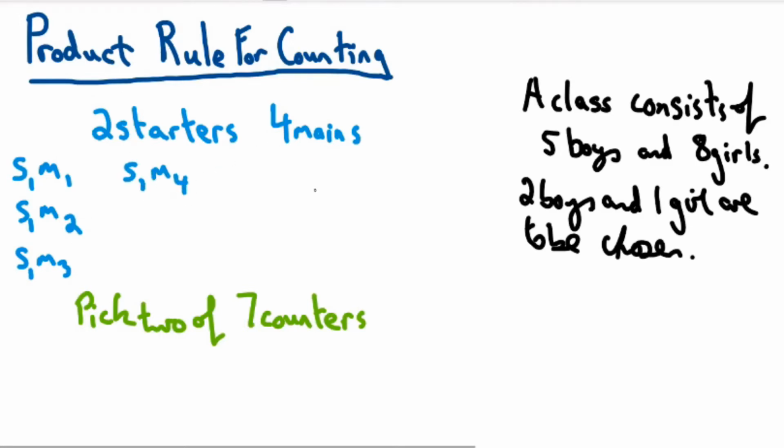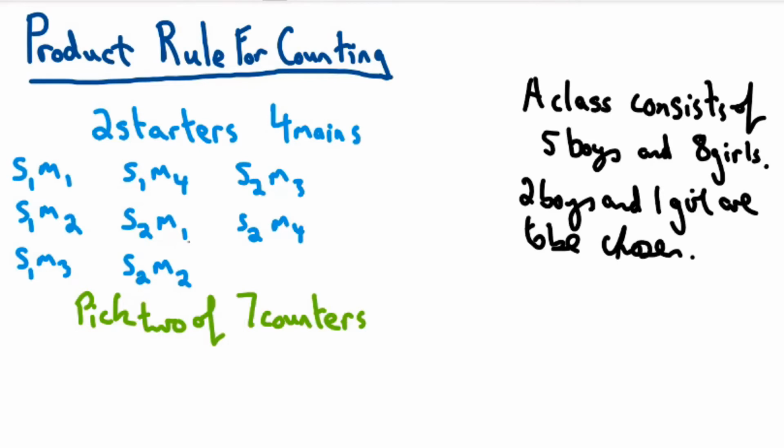And then, because we've already dealt with all 4 mains, we'll now shift to the second starter. So starter 2 with main 1, starter 2 with main 2, starter 2 with main 3, and starter 2 with main 4. From this, we can count that there are 8 possible combinations for these starters and mains.